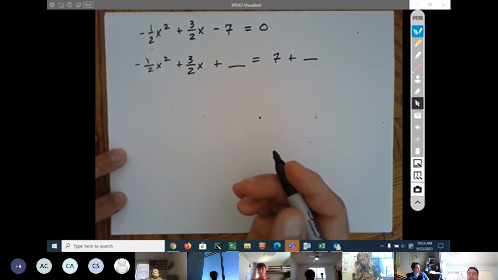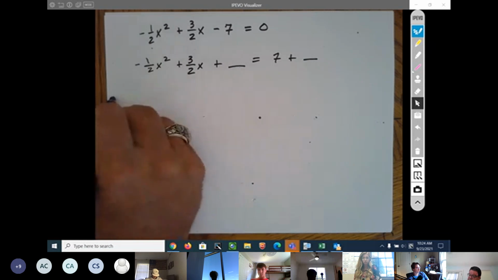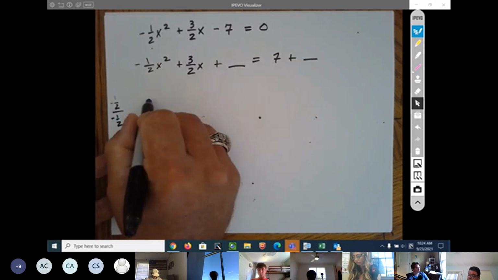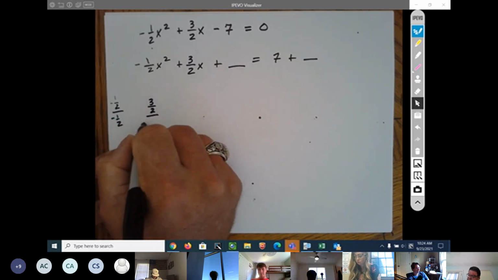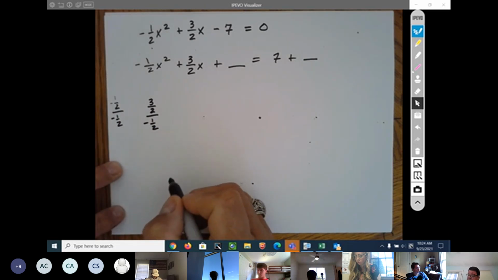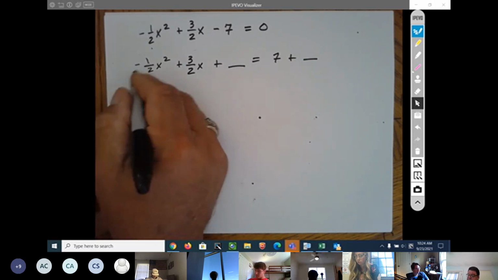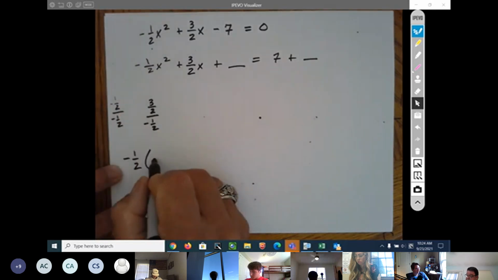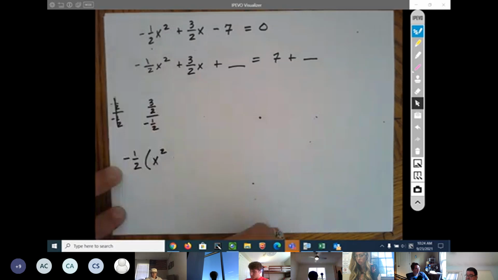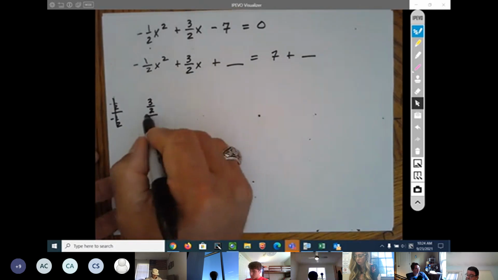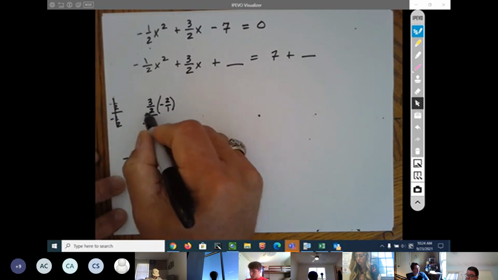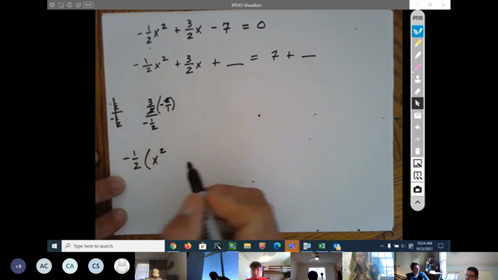You divide, right? So I'm going to write negative 1/2 divided by negative 1/2, and then 3/2 divided by negative 1/2. Of course, this cancels, so the negative 1/2 comes out and that leaves positive x squared. This right here, I've got to multiply by negative 2 over 1. The 2's cancel, and I get negative 3.